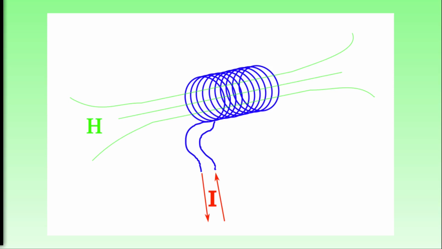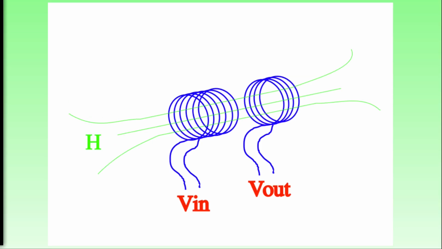If we apply a variable voltage to the leads of a solenoid, a variable current will be generated, and such a variable current will generate a variable magnetic field inside the solenoid. Also, if we take another solenoid and submerge it inside the variable magnetic field of the first solenoid, a variable voltage will be generated at the leads of such solenoid, and if we apply a load to them, a variable current will flow.